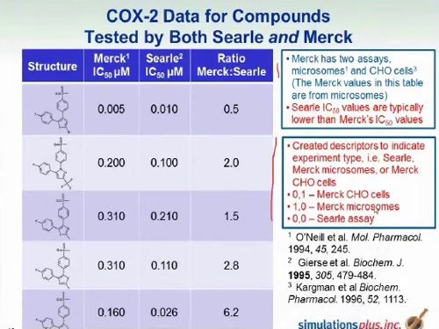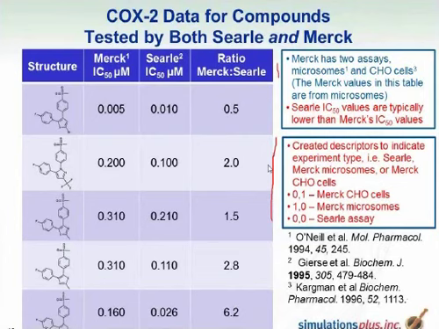If it was tested in Merck microsomes, the indicator values were 1 and 0. And then finally, if it was a Searle assay, it was both zeros. And this was the one that a larger portion of the data had. And so we used those as input descriptors in the artificial neural network model for COX-2, and the program selected both these indicators, so they were used in deriving the predictions for the molecules.